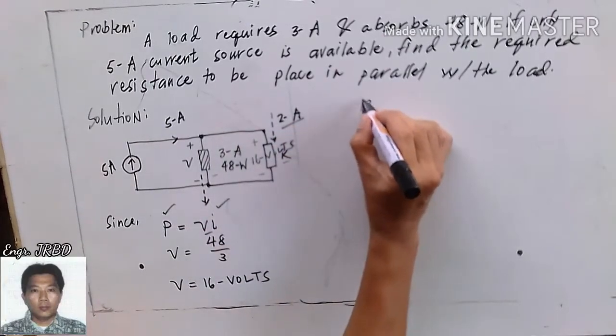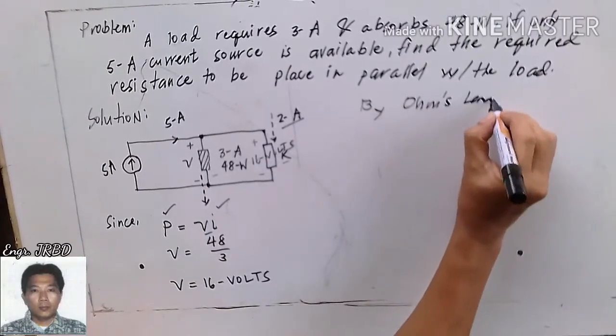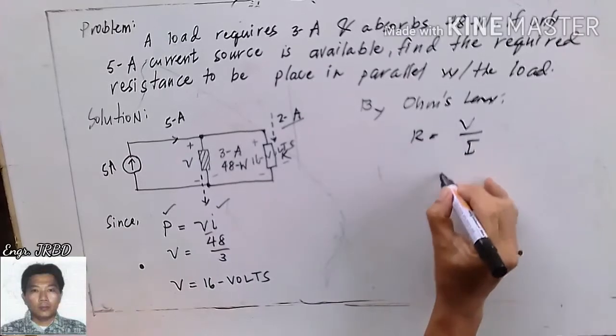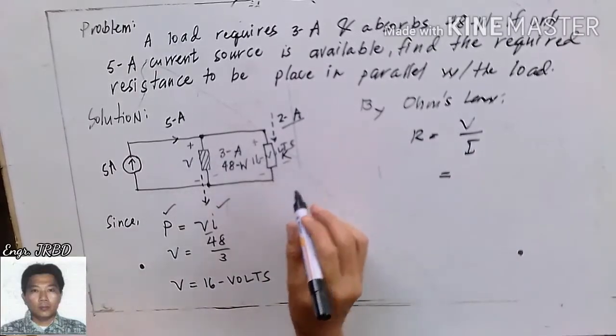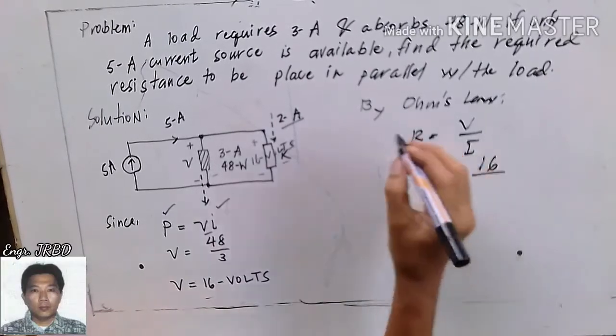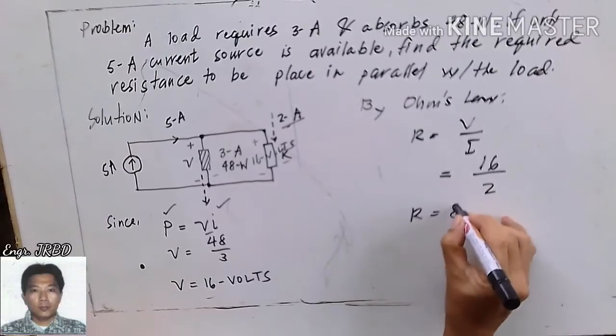So if we make use of Ohm's law, you can get the R. R is V over I. Your V being 16 volts, your I is 2 amperes. Your R is 8 ohms.